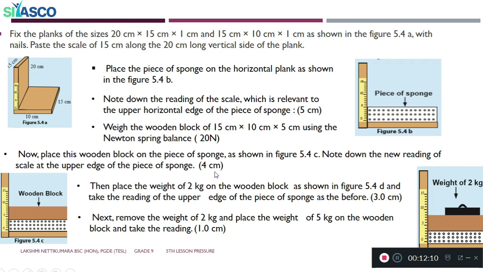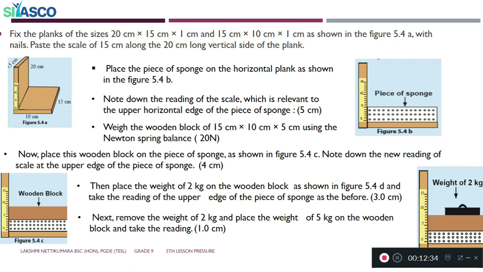Remember, these are not the actual readings, right? For the easiness, I just put these numbers. Then you have to place the weight of 2 kg on the wooden block as shown here. Now it is obvious that two weights are exerted on the sponge surface. Now what will you think?